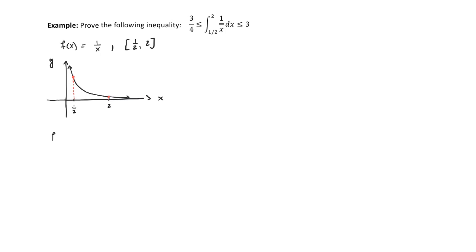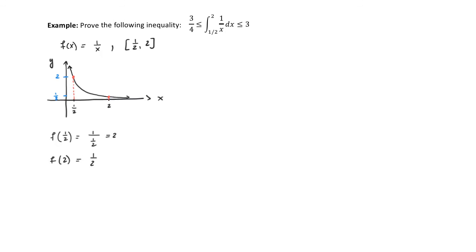In fact, let's calculate f of 1/2. f of 1/2 is going to be 1 over 1/2, which is 2. And then f of 2 is going to be equal to 1/2. And I'm going to write that down over here. This is going to be 2, and this is going to be 1/2. What is really obvious is that this graph is a decreasing graph in the interval 1/2 to 2.